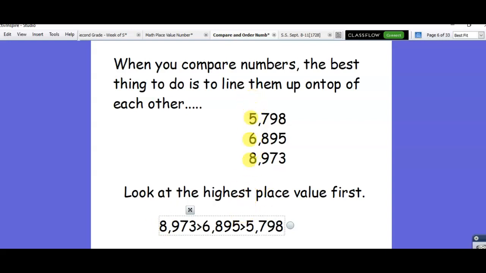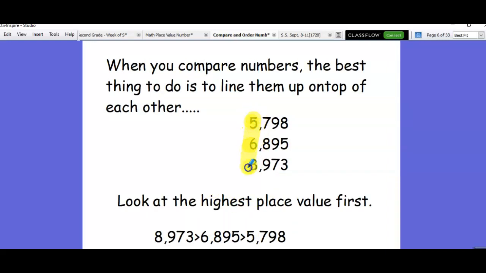Sometimes, as you're going to see in the next question, these first place values are the same. Then you have to move to the next place value and find the first time you get ones that are different. The way you would read this would be: 8,973 is greater than 6,895, and 6,895 is greater than 5,798.